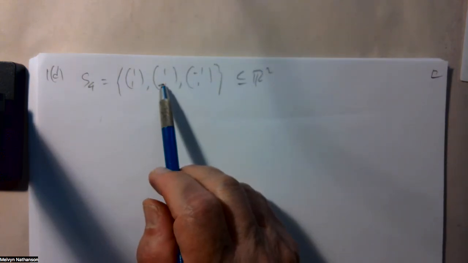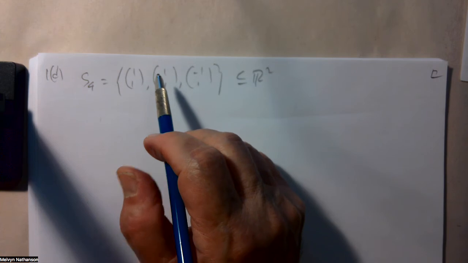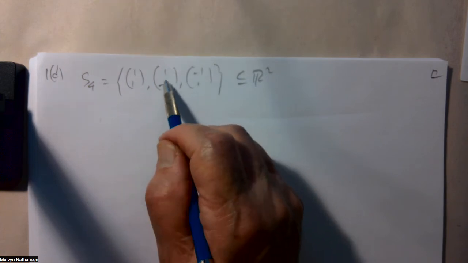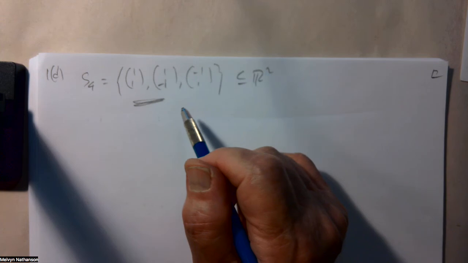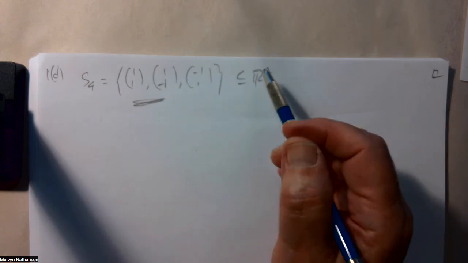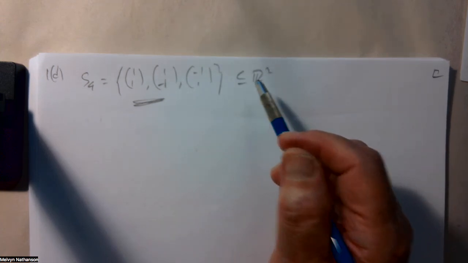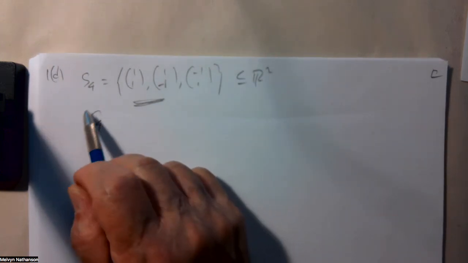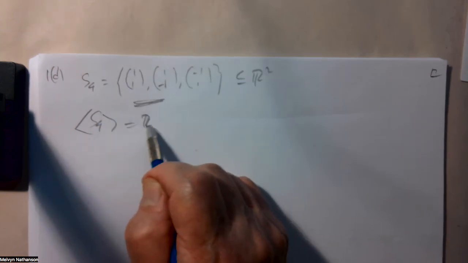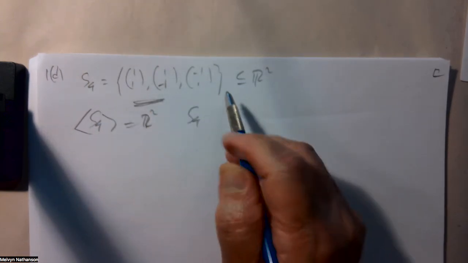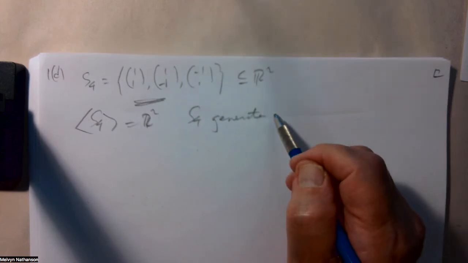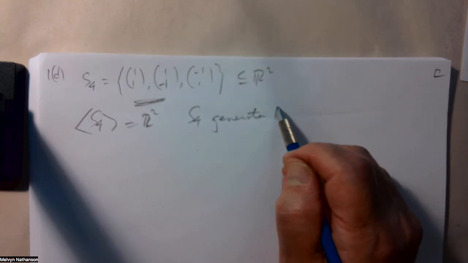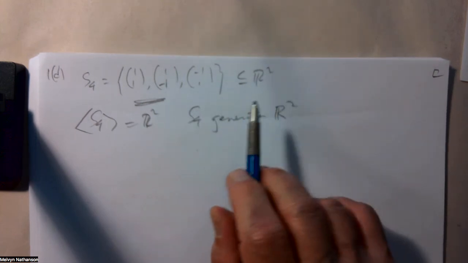So we just saw in the previous part that just these two vectors generate R2. And there's no subspace of R2 bigger than R2. So S4 certainly generates R2. Every vector in R2 is a linear combination of these vectors.